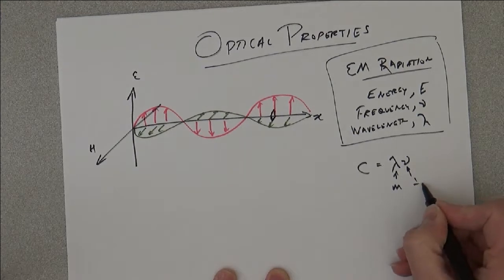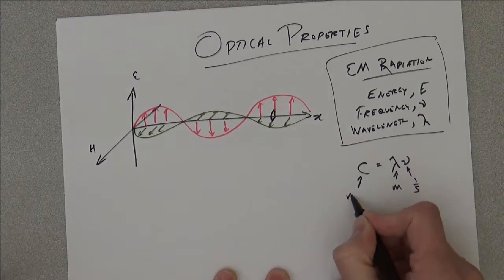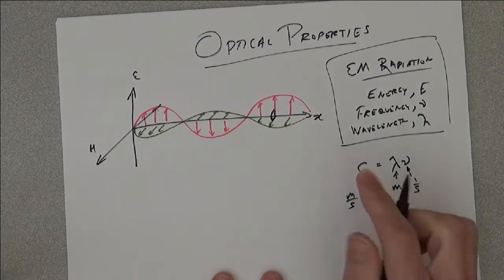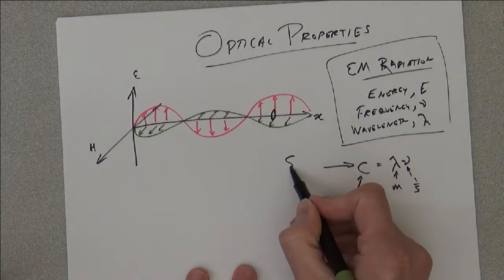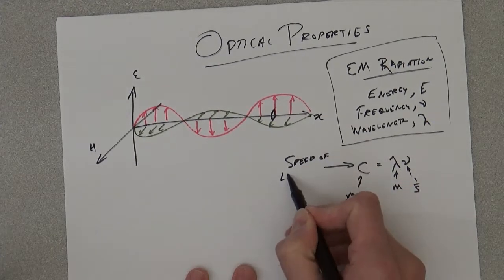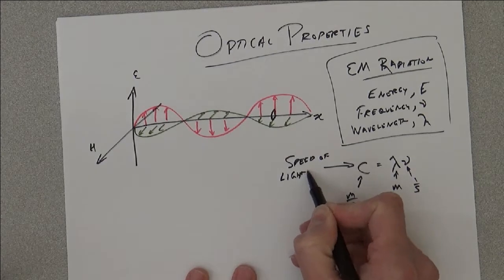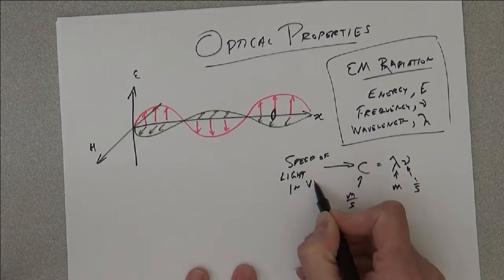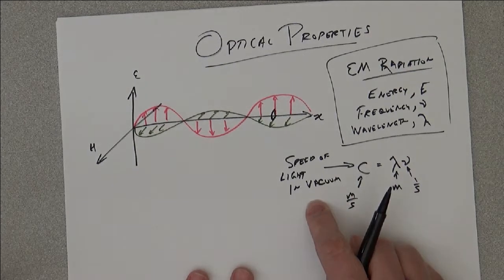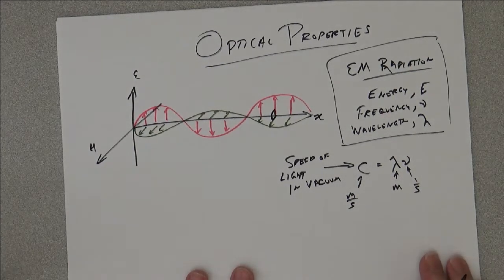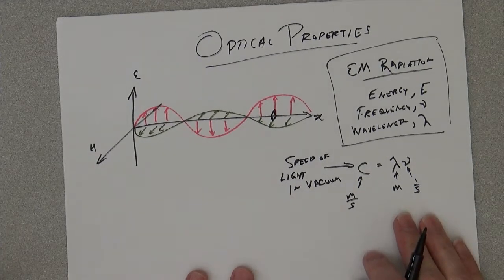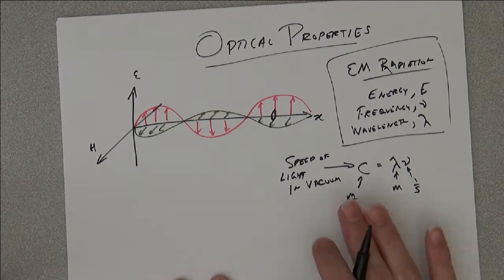Frequency is inverse seconds, so this is meters per second, and it's the speed of light in vacuum, which we'll discuss shortly is going to be different than the speed of light of an EM wave passing through a material.